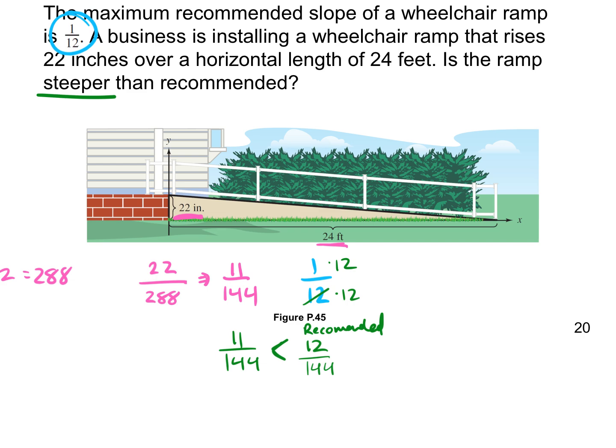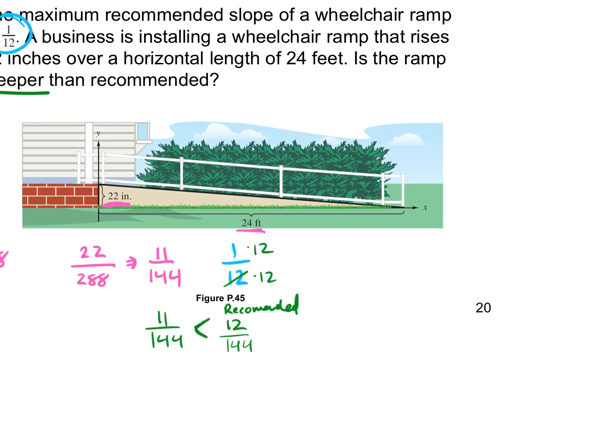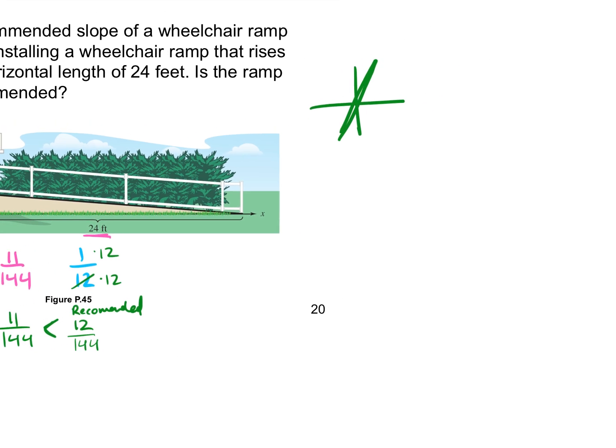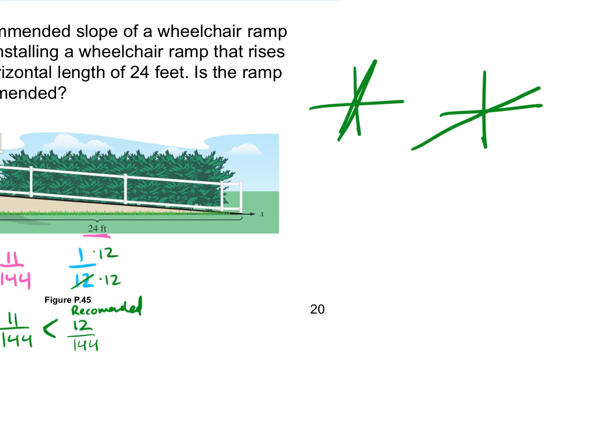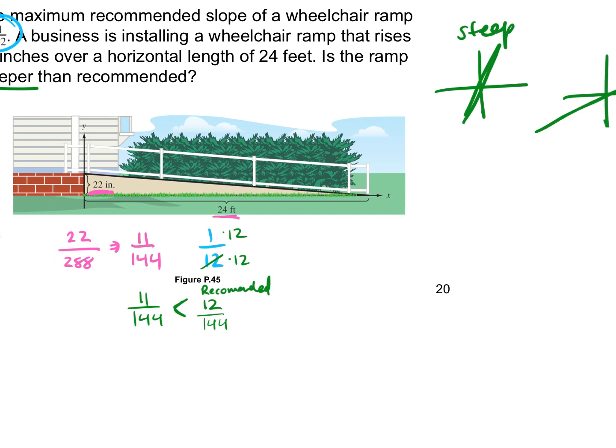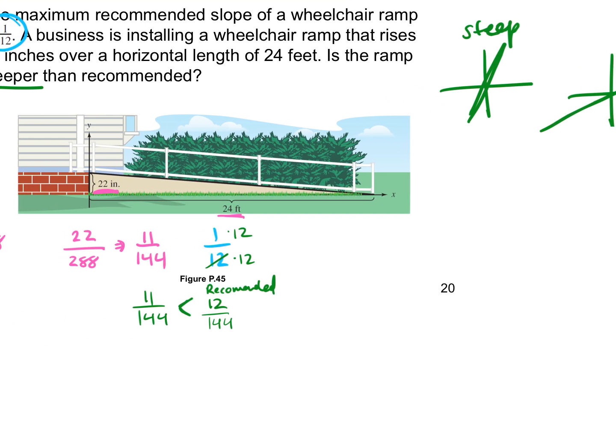What would the slope of a steep line like this be versus a line like this? Which one's steeper? The first one would be steeper, and the slope would be higher. So if it's less than, is it steeper than recommended? No. Not steeper.